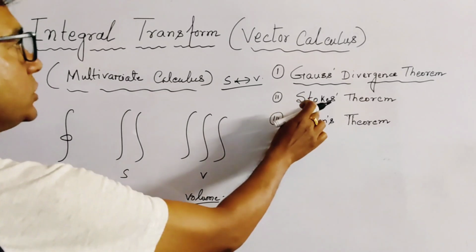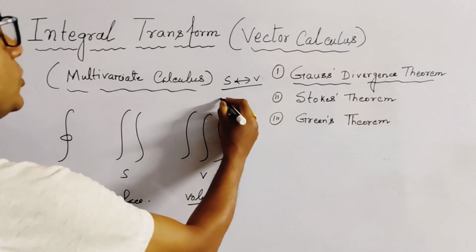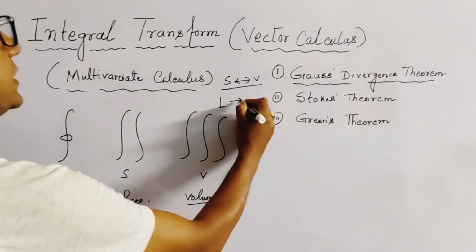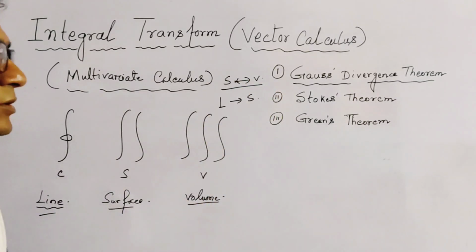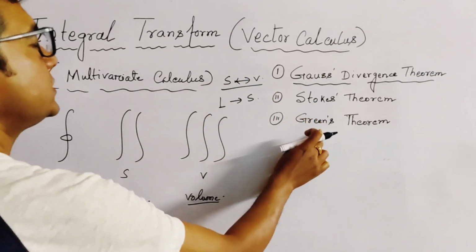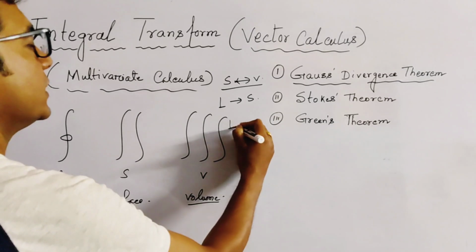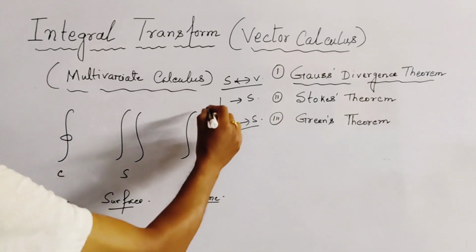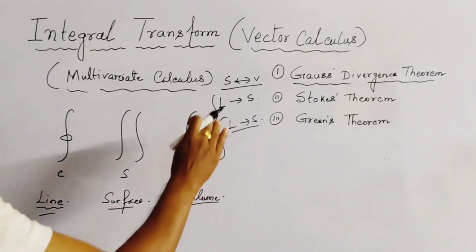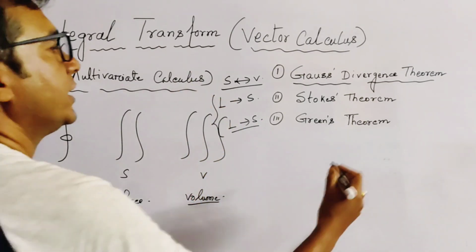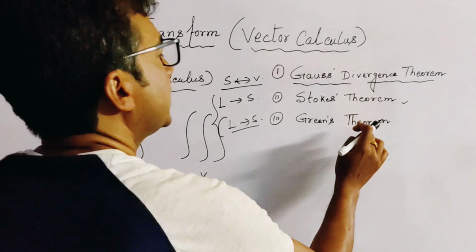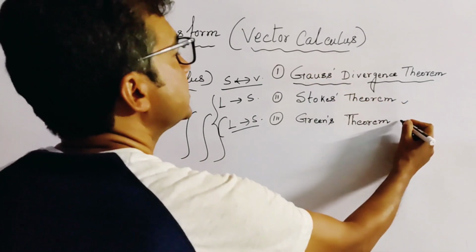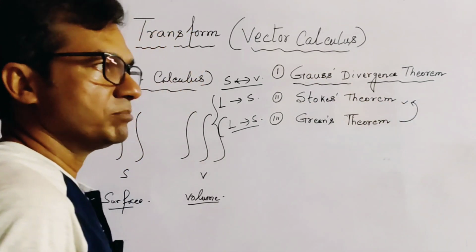Stokes' theorem transforms line integration to surface integration. Green's theorem also transfers line integration to surface integration. These two are the same theorem, and Stokes' theorem is the general form of Green's theorem.